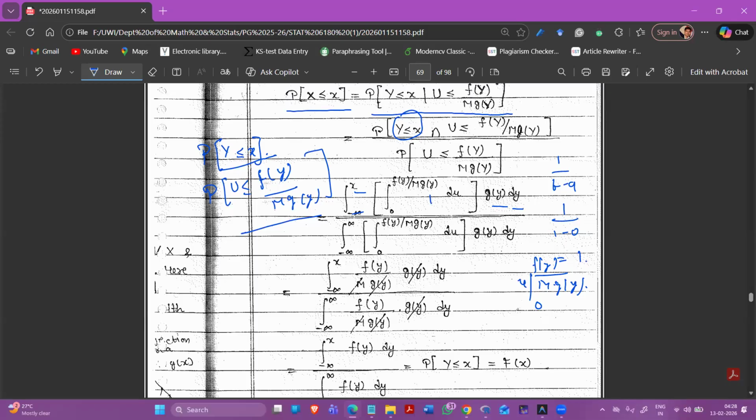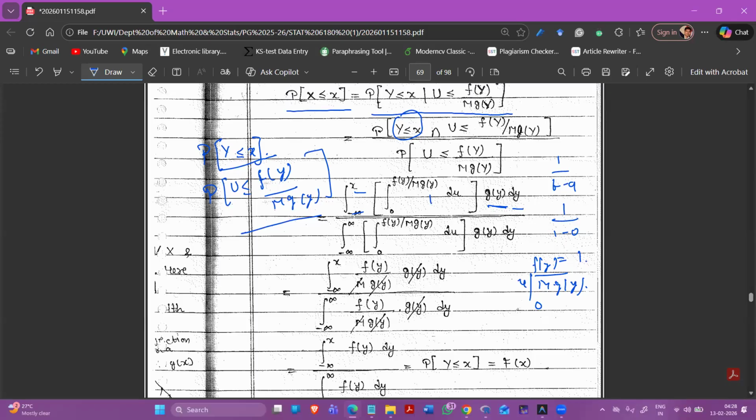So the remaining term is f(y) divided by M times g(y), with g(y) in the numerator and denominator both. Yes or no? Are you getting it or no?